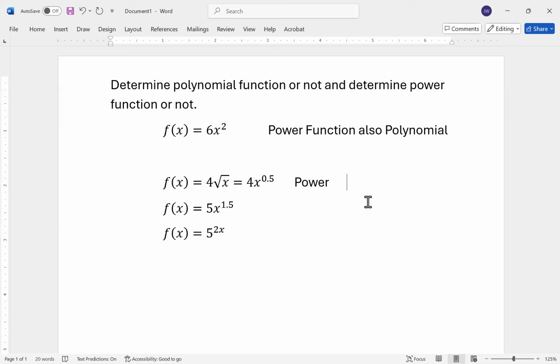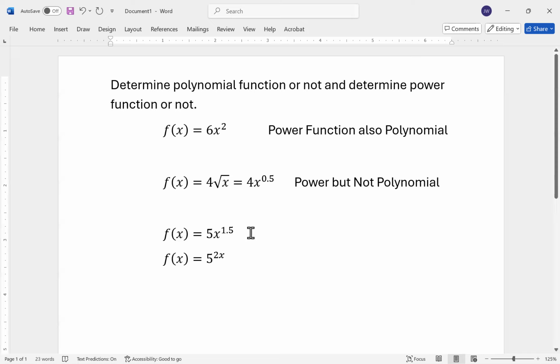But it is not a polynomial function, because x is raised to a power which is not a whole number. That 0.5 is obviously not a whole number. So it's a power function, but not a polynomial function.